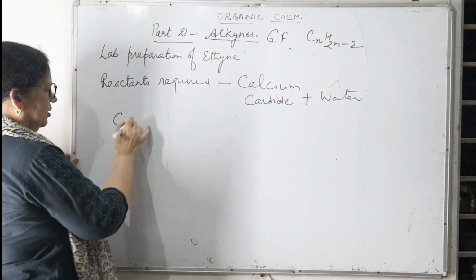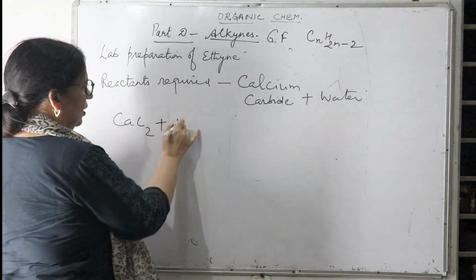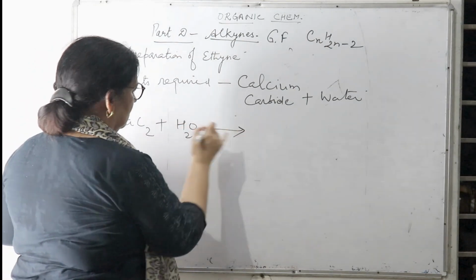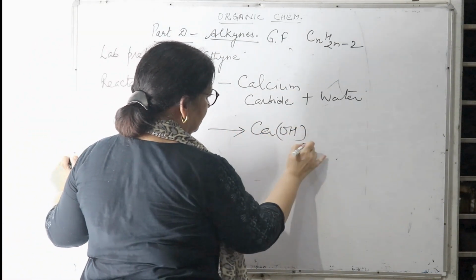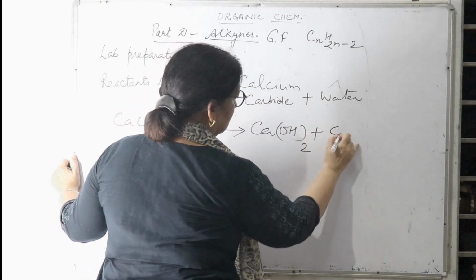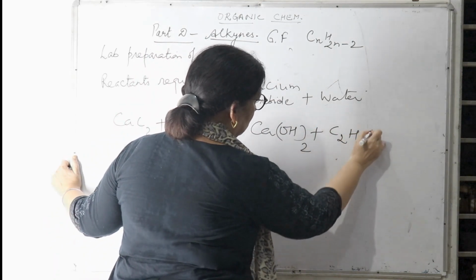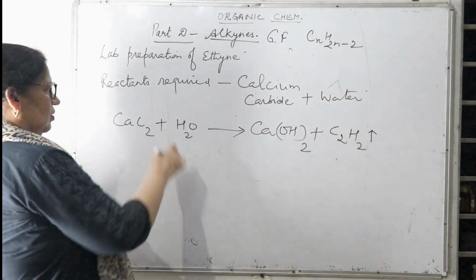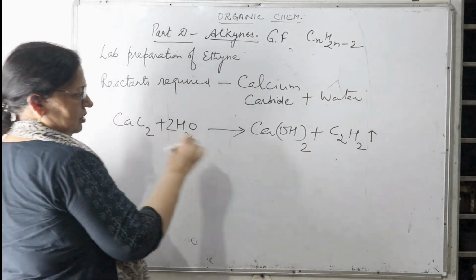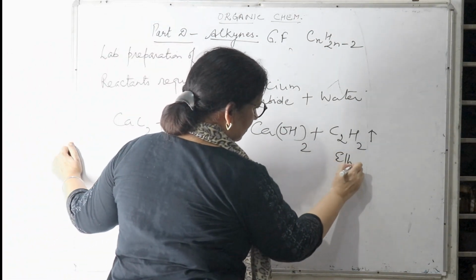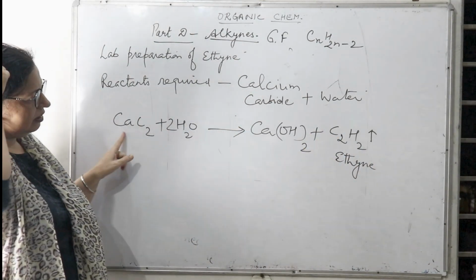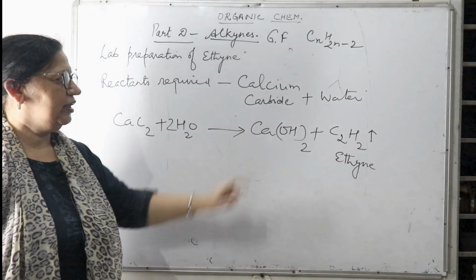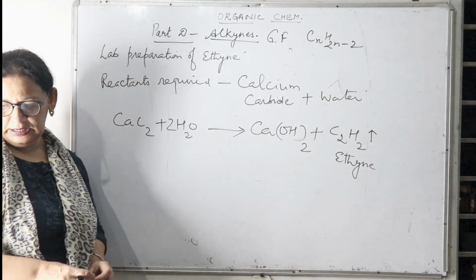Calcium carbide, that is CaC2, plus water gives calcium hydroxide plus C2H2. So this is ethyne formed. Calcium carbide is an inorganic compound. We have to put water into it, that will form calcium hydroxide plus ethyne.